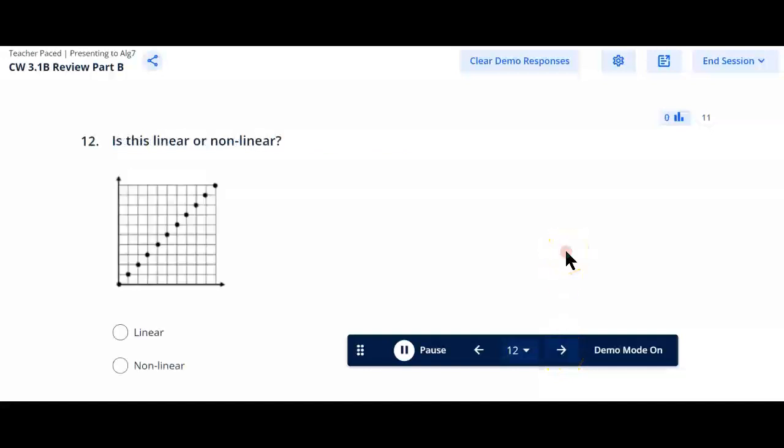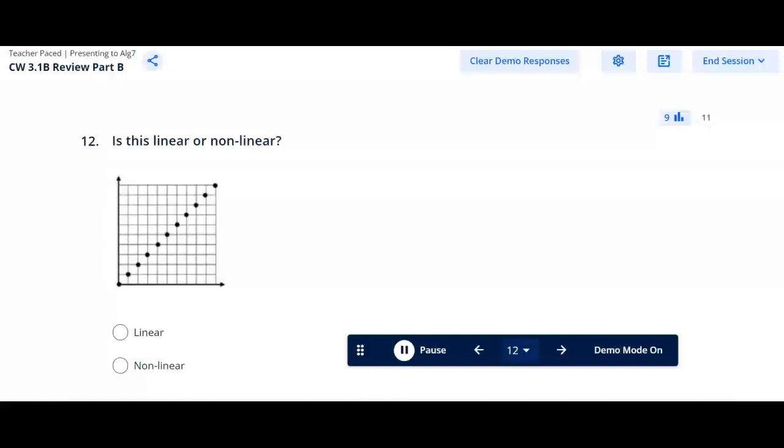All right. Ooh, how about this one? Number 12. A linear or nonlinear relationship. Ooh, we have some division here. We don't all agree.